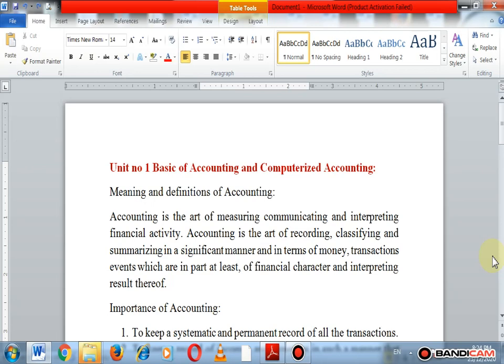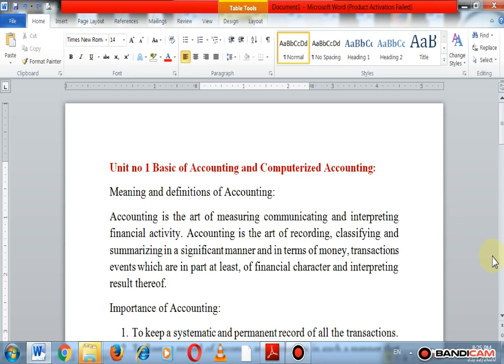Analysis refers to the process of fact finding and breaking down a complex set of figures into simple components, while interpretation stands for explaining the real significance of these components. Okay, so interpretation is the final step of accounting.